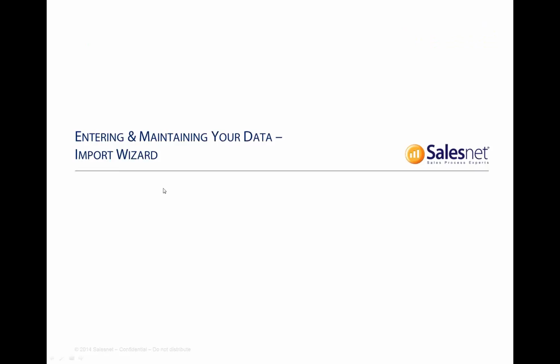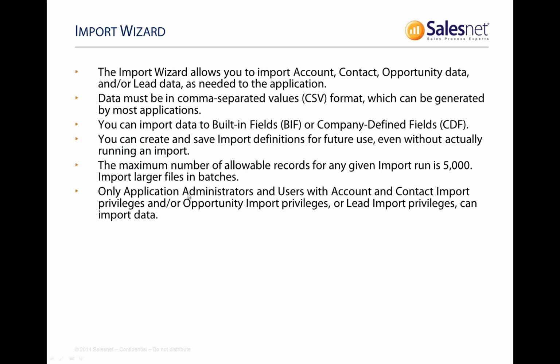Our next section is entering and maintaining data, and there's a number of different ways to do that in Salesnet. The first one that we're going to discuss is the import wizard. A couple of notes on the import wizard, or our import tool: you can create accounts, contacts, and opportunities with the import tool, and you can create those records all at once and linked together.